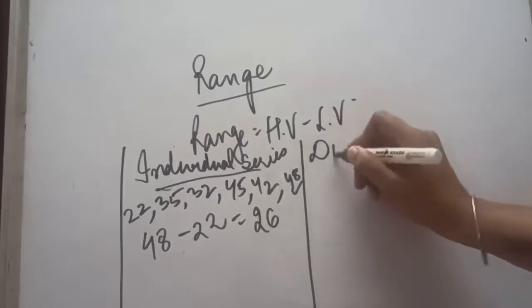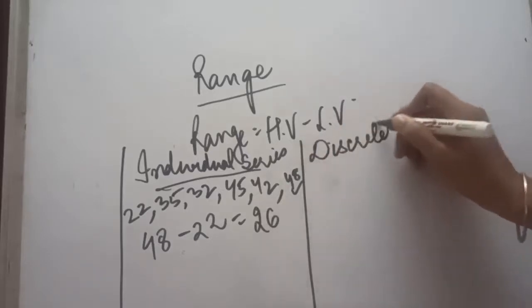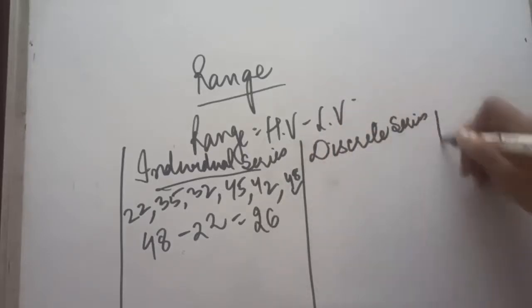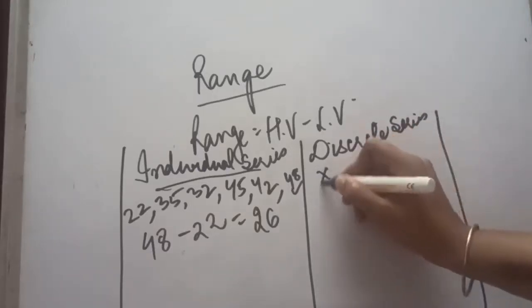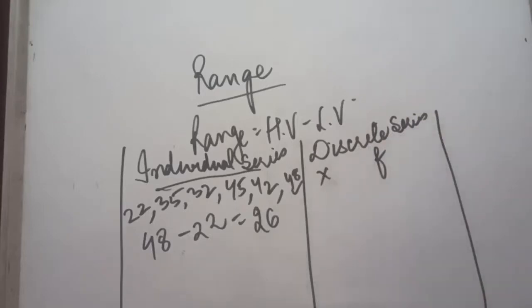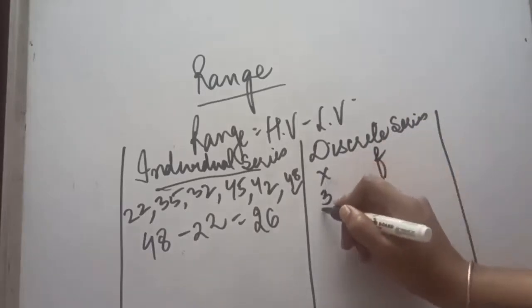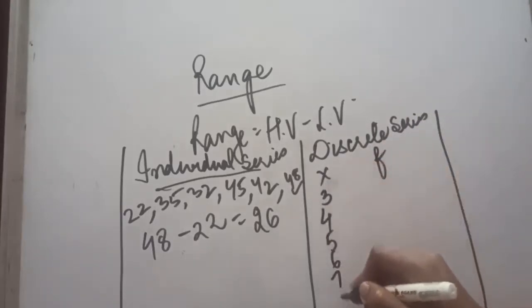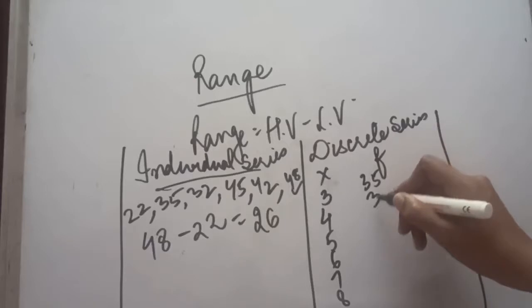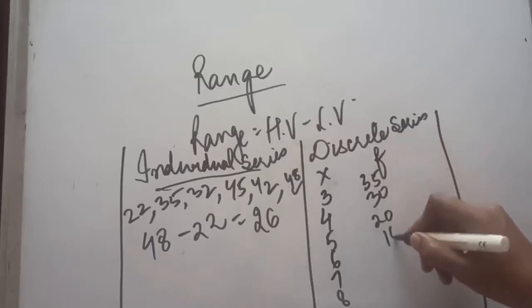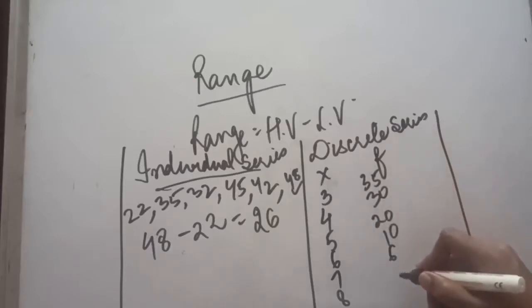Second can be the discrete series. Discrete series is the series in which you have been given x along with f. For example, x is 3, 4, 5, 6, 7, 8 and frequency f has been given as 35, 30, 20, 10, 6, 3.